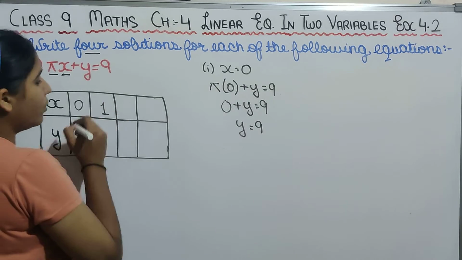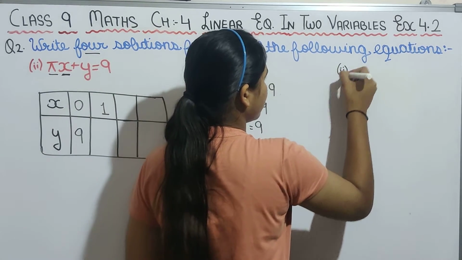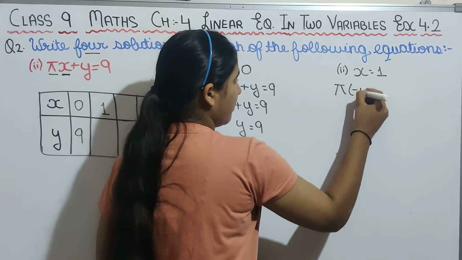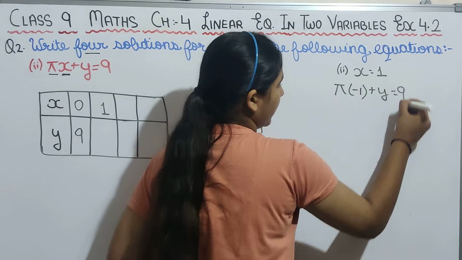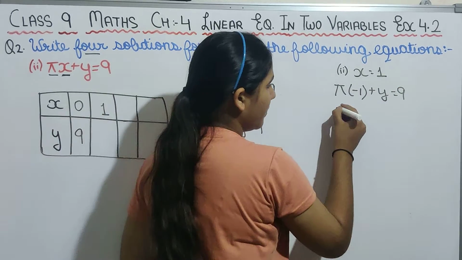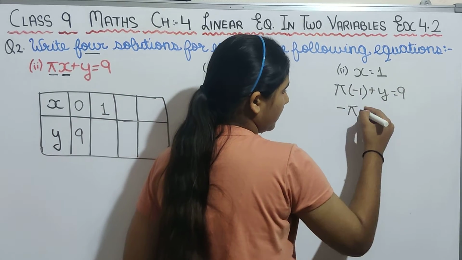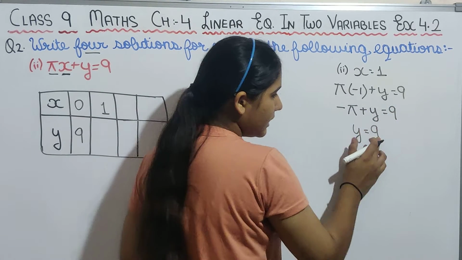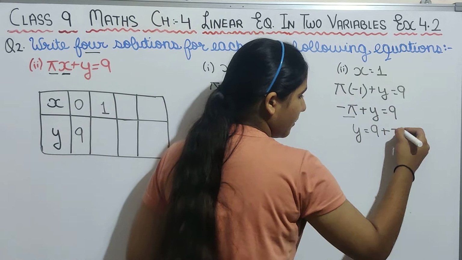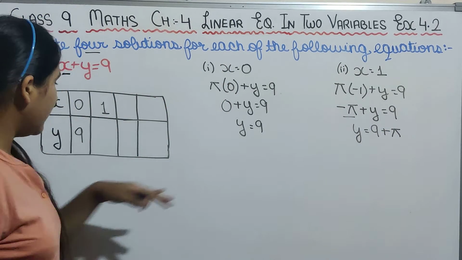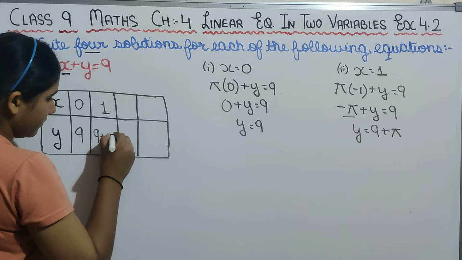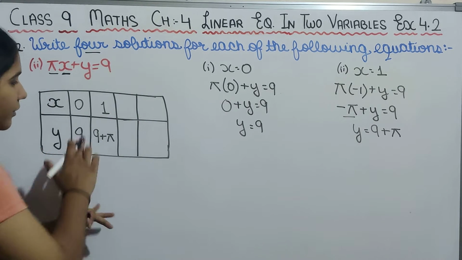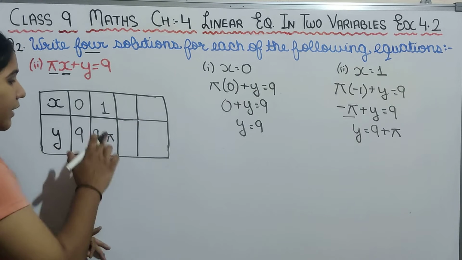And if x is equal to 1, then pi into 1 plus y is equal to 9. Pi 1s are pi only, plus y is equal to 9. Now y: 9 stays as it is, and pi moves across, so y will be 9 minus pi. It's not compulsory that we take only positive integers here. We can take minus also.